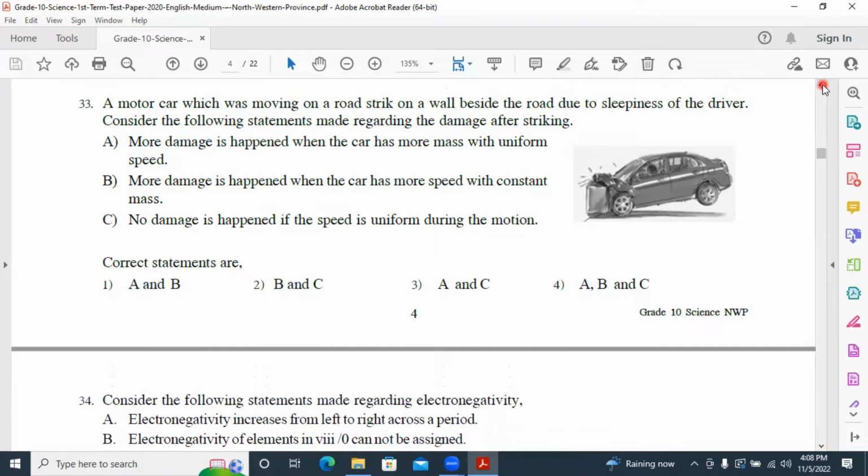Here, if the car has more mass, the momentum is high because momentum is mass multiplied by the speed or velocity. B. More damage happens when the car has more speed with constant mass. If the car has more speed, then the momentum is high, so the damage is also high. A and B correct, answer number 1.